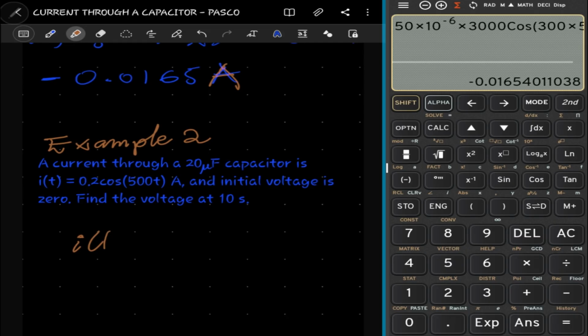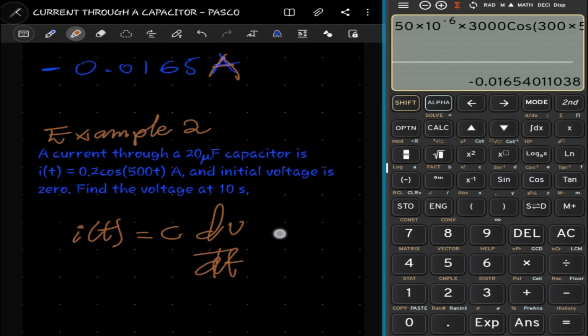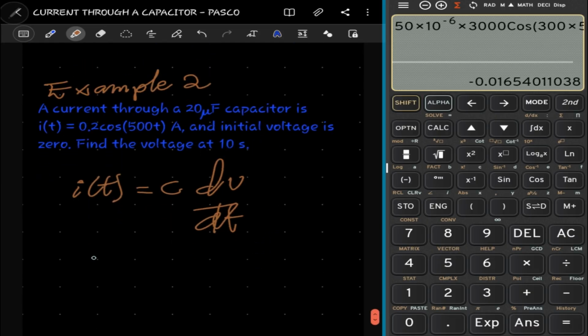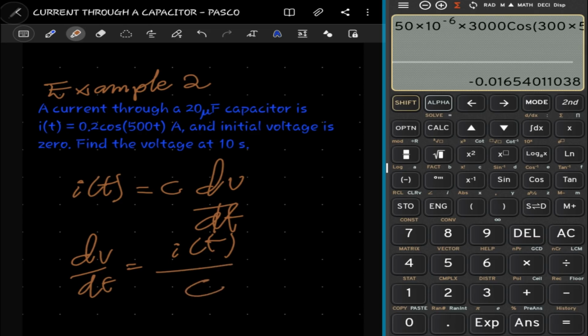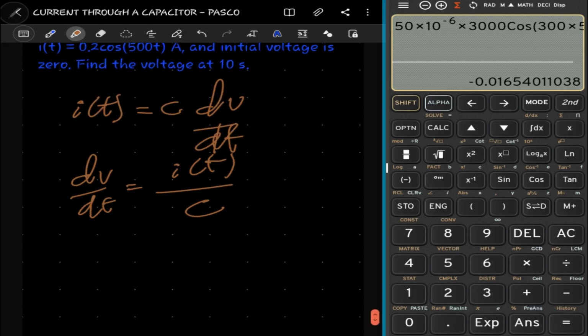I sinusoidal current being equal to capacitance times dV/dt, right? And since we are asked to find the voltage, that will mean we have to make the dV/dt the subject, right? So that becomes dV/dt equal to the sinusoidal current all over the capacitance, right? So let's see.